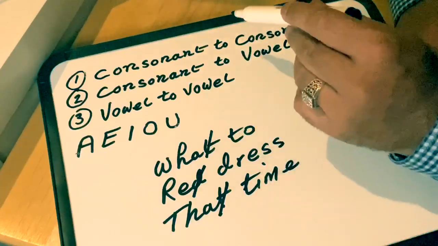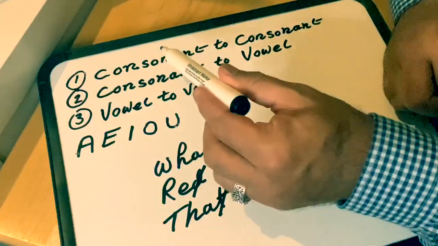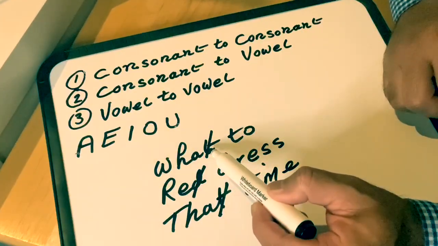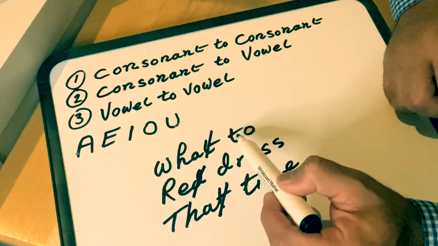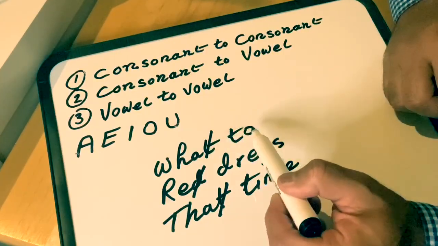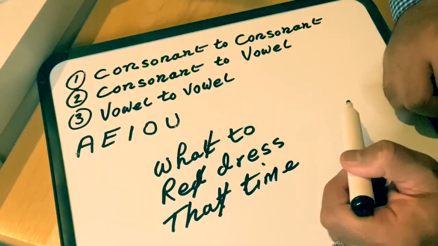So this is the first one, consonant to consonant. Always remember that consonant to consonant means a word ends with a consonant and the second word starts with a consonant and both have the same sound. All you do is delete one and say one of the sound.